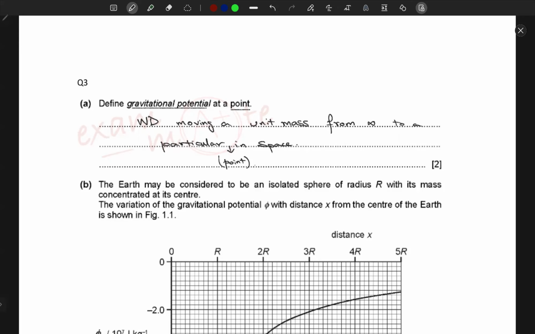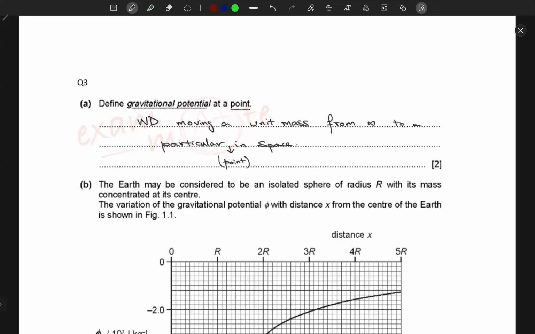I gave an idea of what gravitational potential is while we were covering the theory part of this. So you just have to remember what it is, and then you can write it in your own understanding over here.